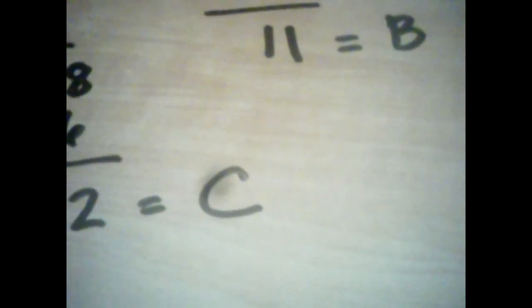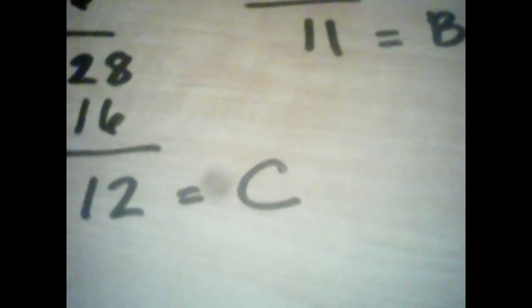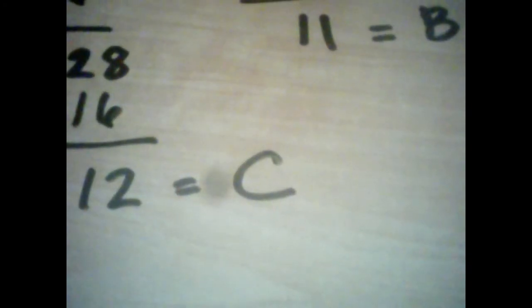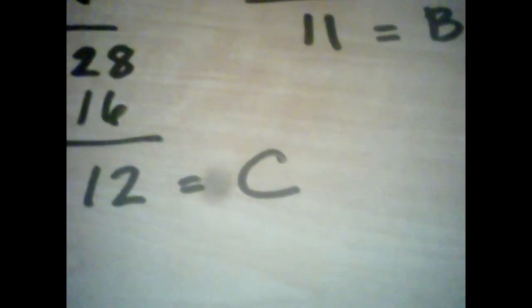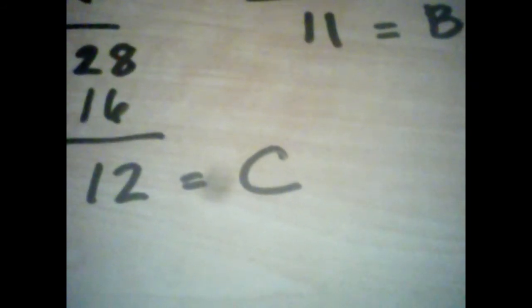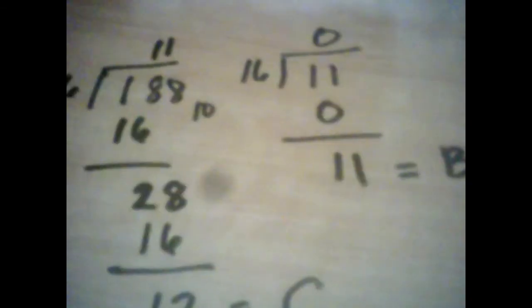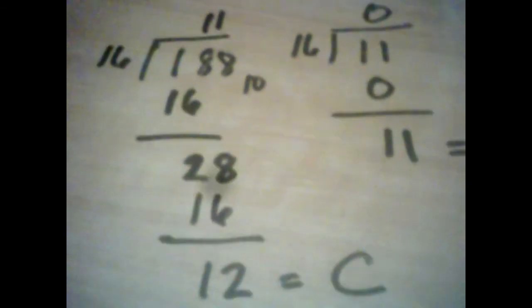So please refer to your table for hexadecimal numbers. 10 is equivalent to A, 11 is equivalent to B, 12 is equivalent to C, 13 is D, 14 is E, and 15 is F. Okay? So the hexadecimal equivalent of a decimal number 188 is equal to BC. Okay? This is hexadecimal, this is decimal.